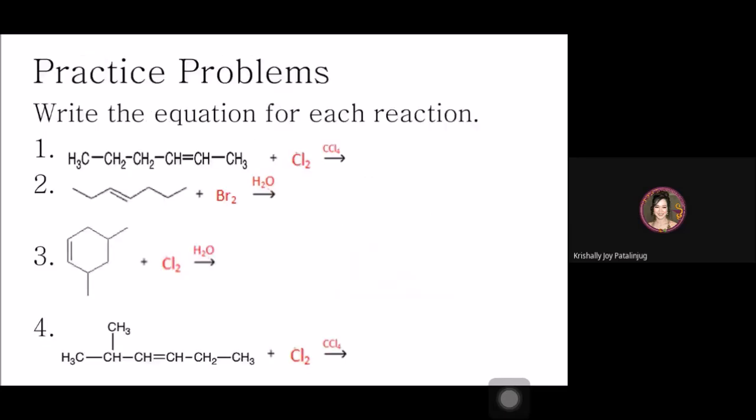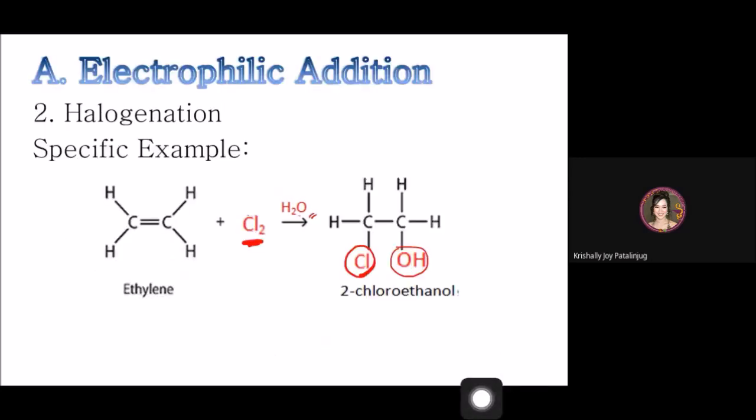So there is no problem in this structure about where to add the OH and where to add the chlorine, because both carbons have an equal number of hydrogens. Nothing extra, nothing lacking, the same. Each carbon has two hydrogens. So wherever you add it, the result is the same. The product is still 2-chloroethanol. Alright? And the same with this example.